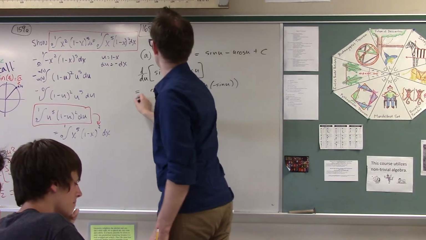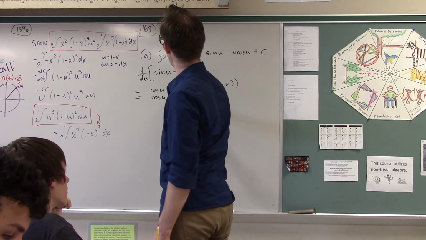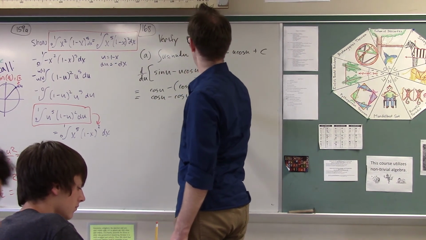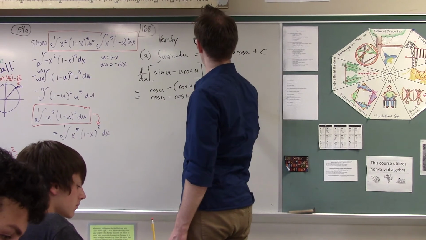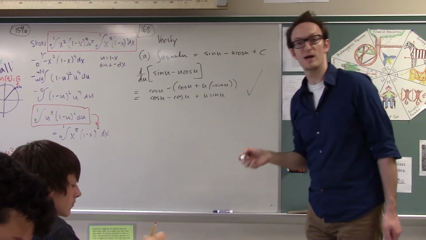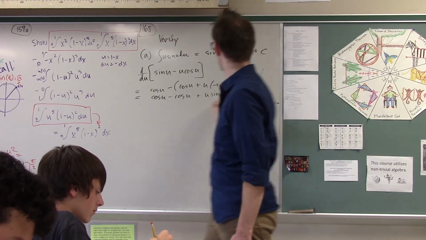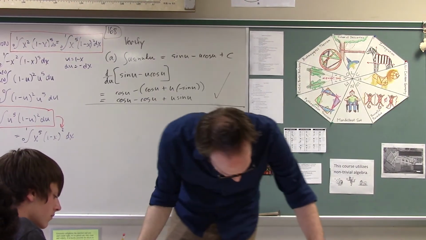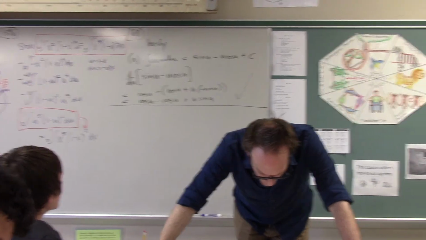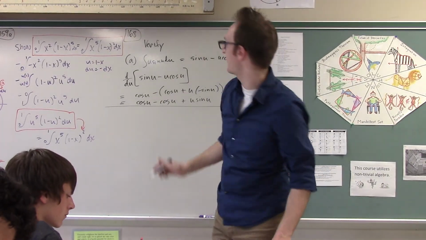If I distribute this out, I just get cosine u minus cosine u plus u sine u. And thus, it just worked, right? The derivative of this is u sine u, thus formula verified. Okay, now that you know what the antiderivative of u sine u is, do this following integral.